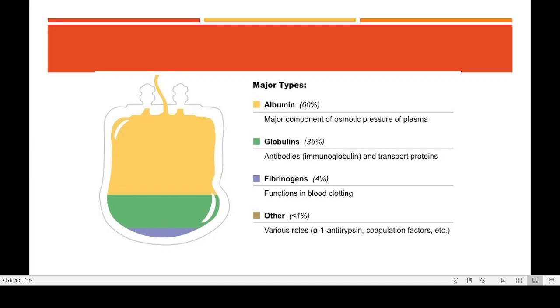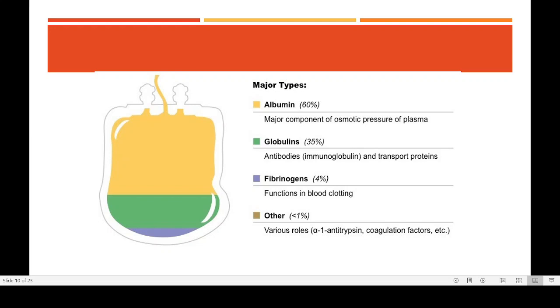And the third is known as fibrinogen. They are present only in very small quantity, only 4%. They help in the clotting of the blood. So that is the third type of plasma protein, fibrinogen.